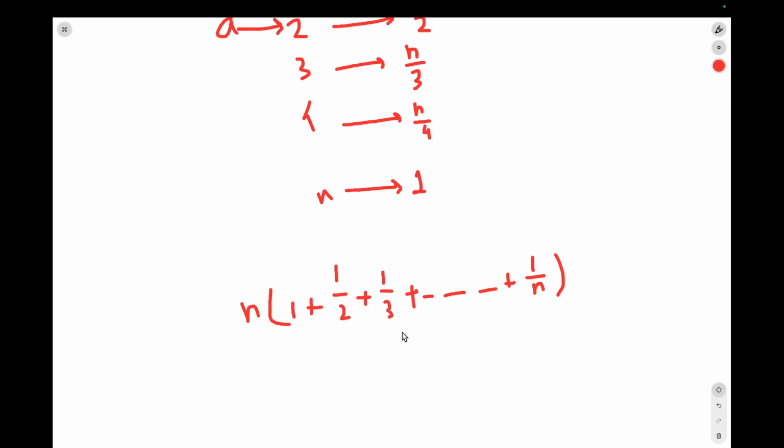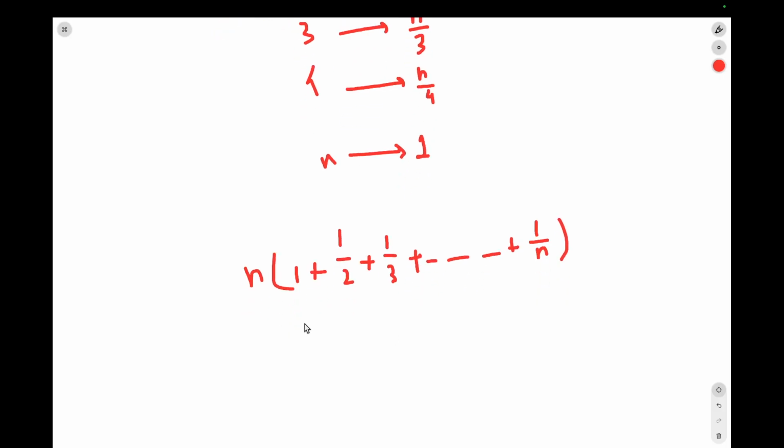Why log n? Let's consider it this way: keep 1, and 1 by 2. 1 by 3 is obviously less than 1 by 2, but we take 1 by 2 for it.